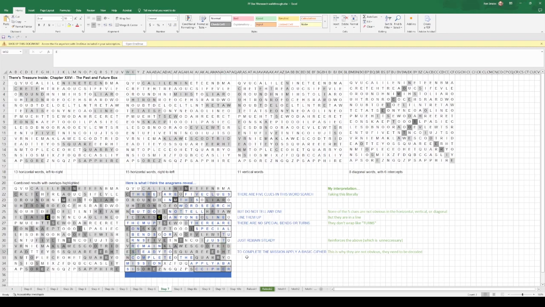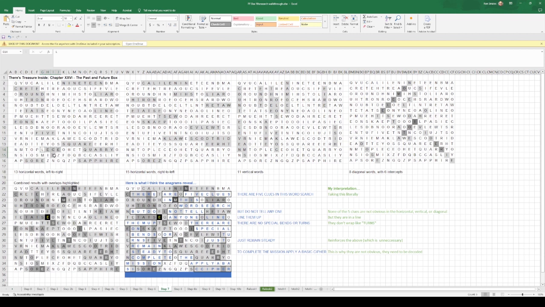And by special bends, what I think he means is you don't have to, I'll go in the upper left again. You don't have to be like E to X to C to E to L, XL with a special bend.